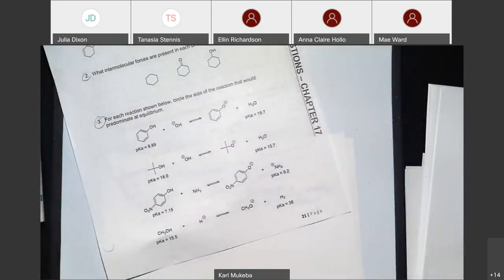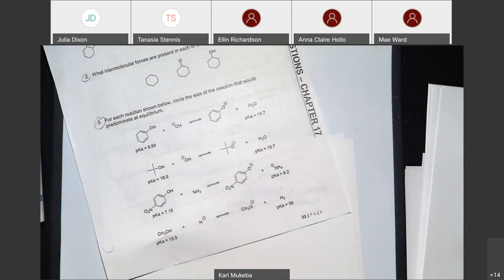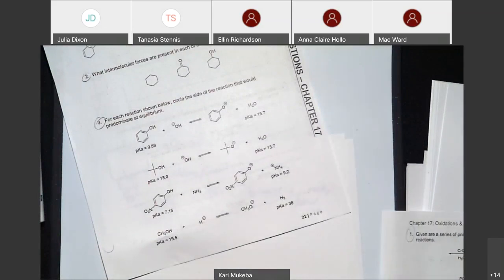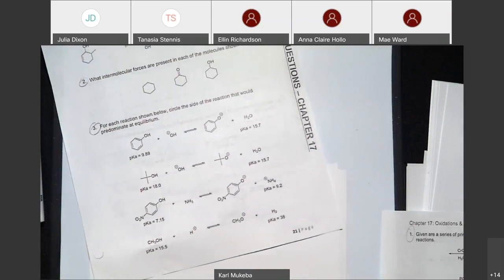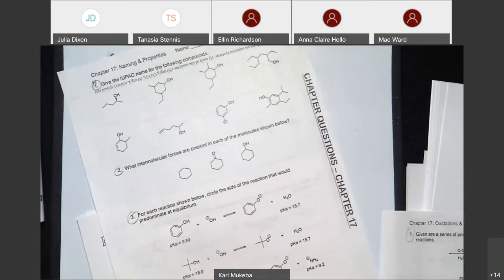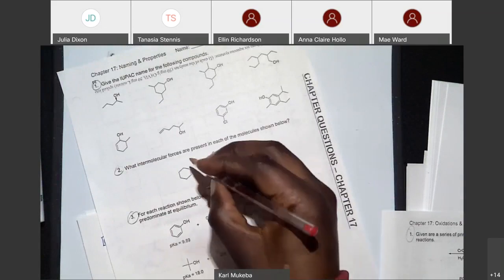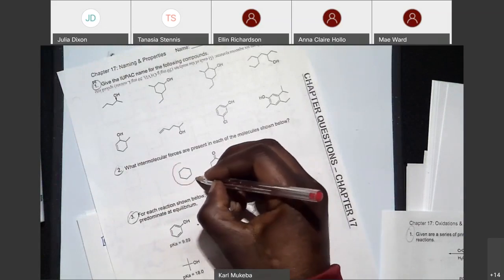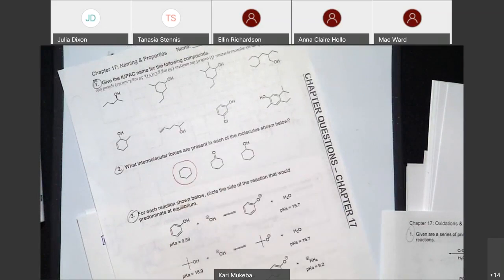So if there's no question for question number 1, let's go to question number 2. This is the easiest one. They ask you to compare the intermolecular force between those molecules. So if you see the first one, this is just simple cyclohexane.